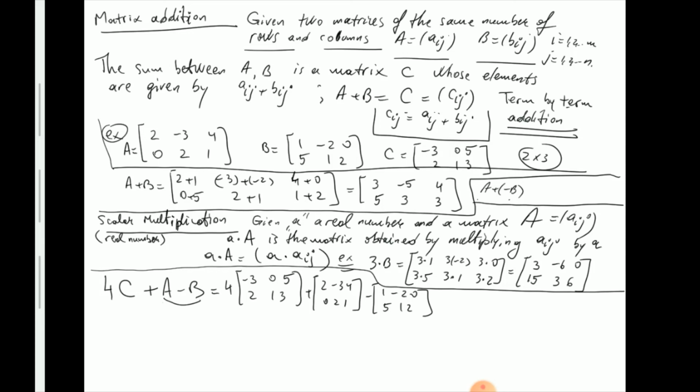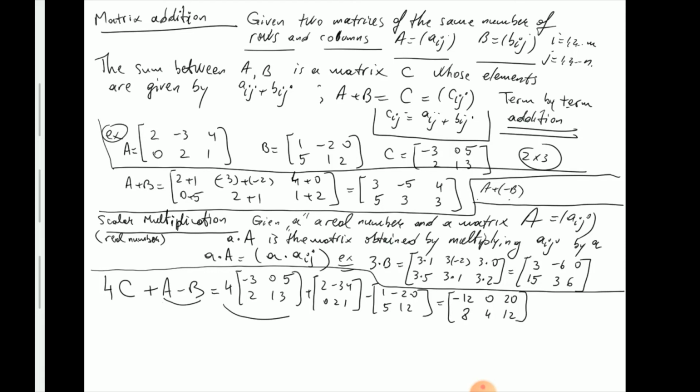All right, so like I said, let's do the scalar multiplication first. That gives me 4 times -3, which is -12, 4 times 0, which is 0, 4 times 5, which is 20, then 8, 4, and 12.